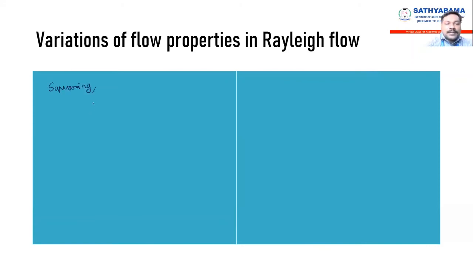And squaring what we get? P2 by P1 is equal to P2 by P1 whole square, then M2 by M1. Okay, so what is P2 by P1? You know it.